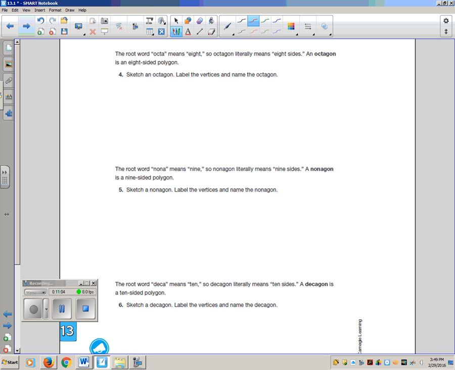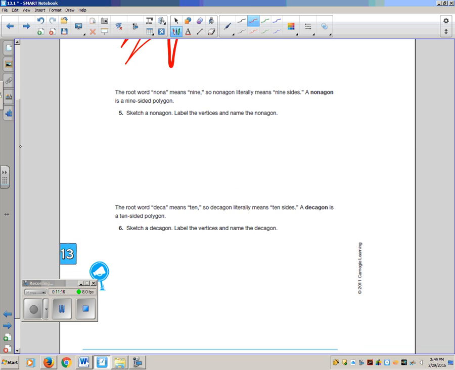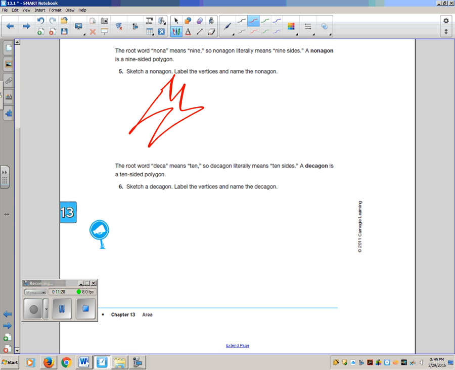Just do whatever. 8 sides. It doesn't have to be a regular octagon. 1, 2, 3, 4, 5, 6, 7, 8. That's the claw from an eagle. 9. Nonagon. 1, 2, 3, 4, 5, 6, 7, 8, 9. Kind of looks the same. And then the last one is decagon. 1, 2, 3, 4, 5, 6, 7, 8, 9, 10. I don't know what that looks like.